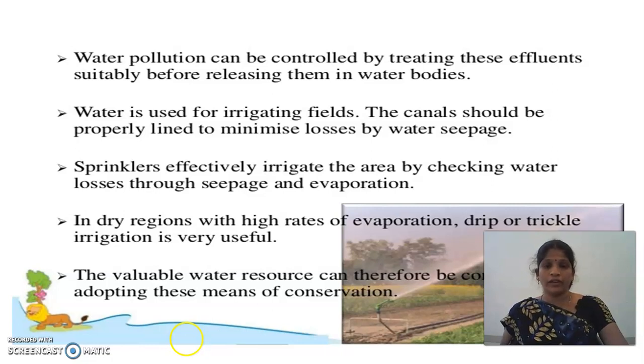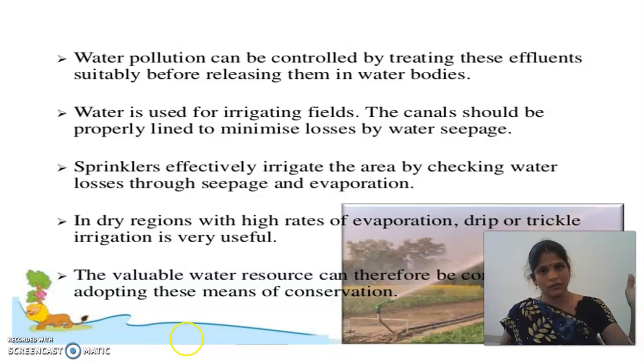Water is used for irrigating fields. The canals should be properly lined to minimize water losses. For example, drip irrigation is very helpful, and it takes a minimum level of water for irrigation. Sprinklers also effectively irrigate the area, and we can use them at the same time.